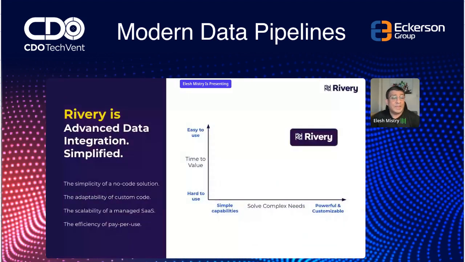So Rivery is that advanced data integration. It's delivering it in a super simple way. You've got the ability to create source to target rivers within seconds, but also you've got those target points inside your platform that allow you to run Python, that allow you to build custom connectors without having to code it using AWS Lambda, or having to go to another tool to build those custom functions.